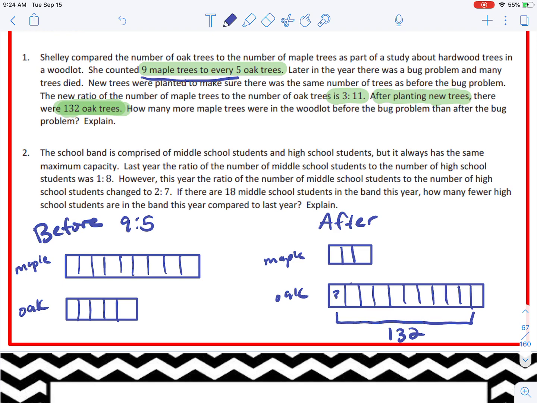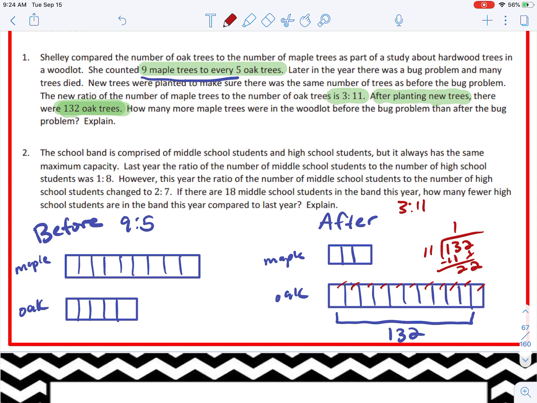We would divide. So we're going to divide 132 by how many units there are. There are 11 units because our ratio here is 3 to 11. Okay, so 132 divided by 11. 11 goes into 13 once. We subtract this.